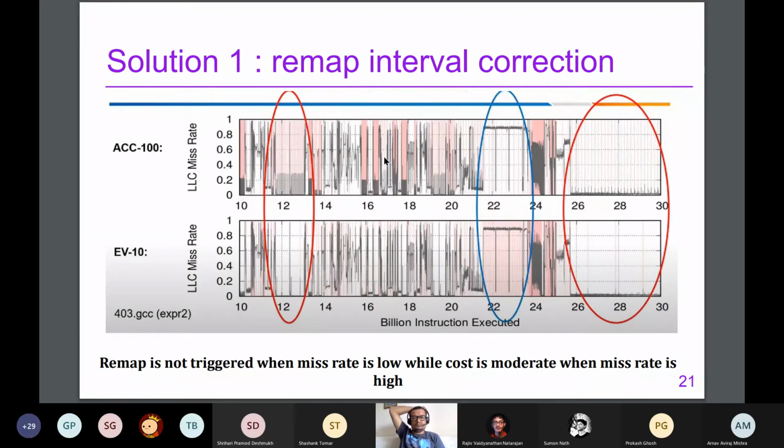Whereas on eviction 10, the miss rate is still low, and the number of remaps is also low, so performance is maintained. Second, in the final set, the 26 to 30 version, there also the miss rate is low, but ACC 100 is still performing unnecessary remaps, as in the blue circle around 21 to 23.